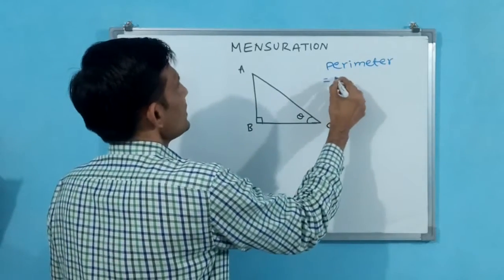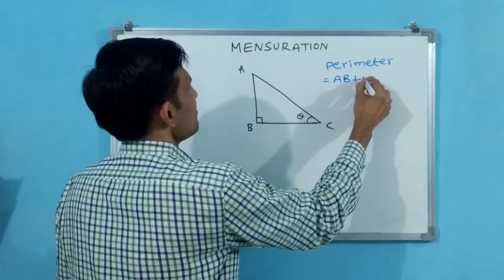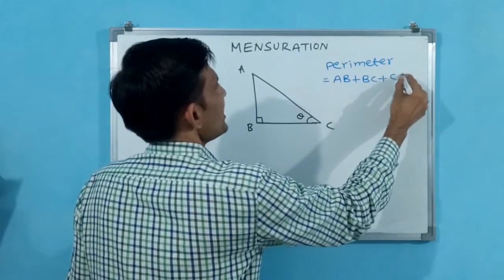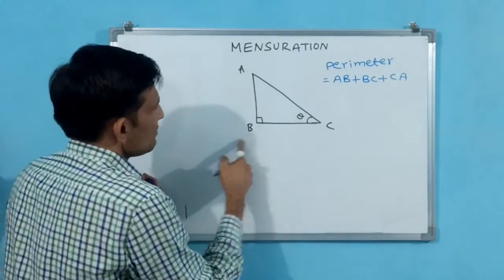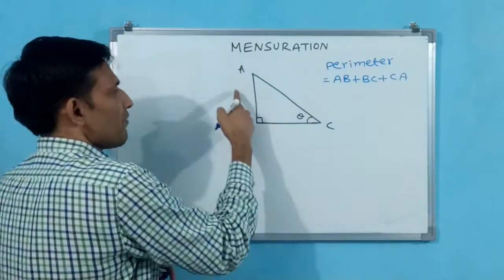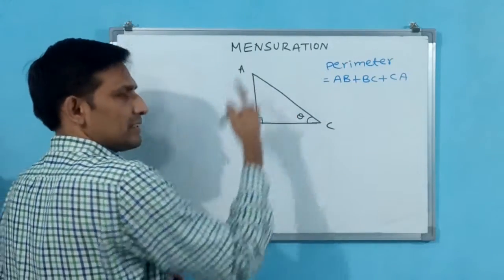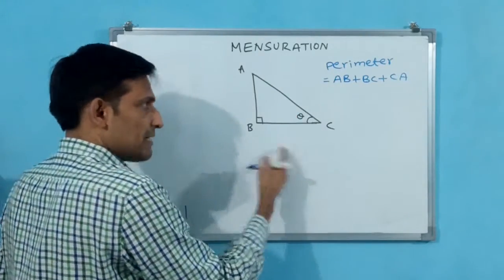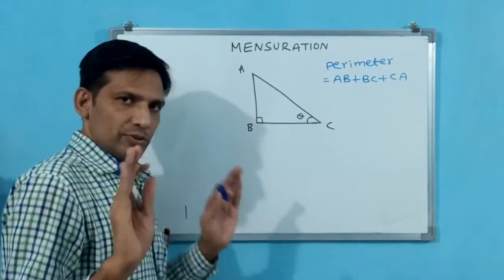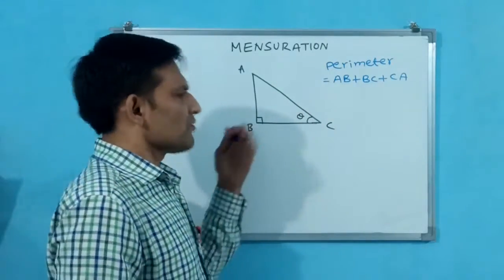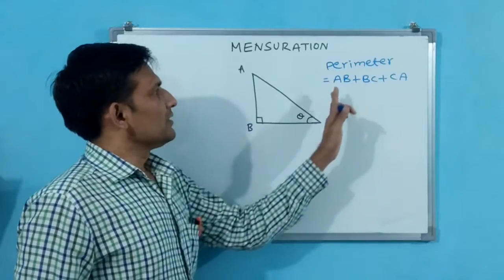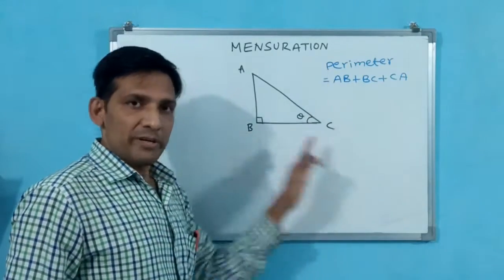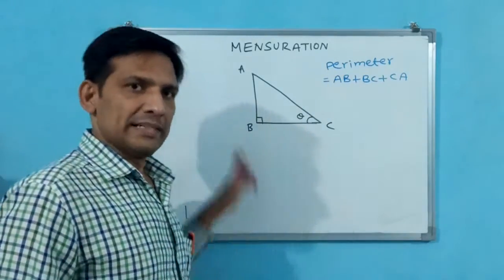Perimeter is equal to AB plus BC plus CA. A to B, B to C, C to A. If 5, 6, 11: 5 plus 6 is 11, 11 plus 11 is 22. 22 meters, 22 centimeters, whatever it may be, units. This is called perimeter, total length.